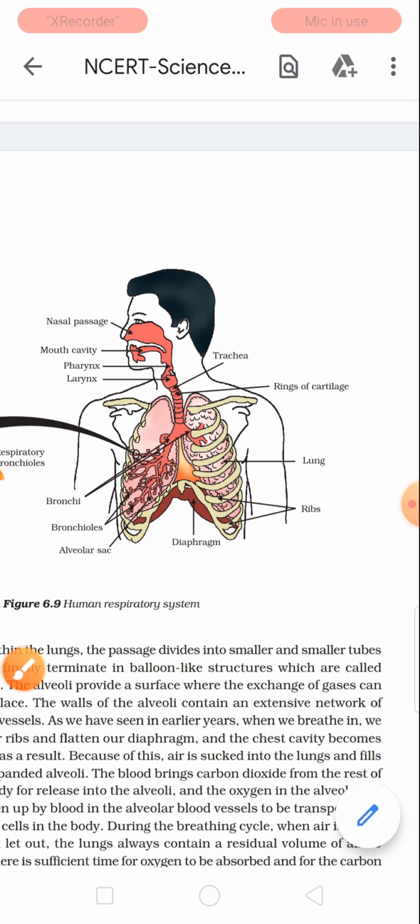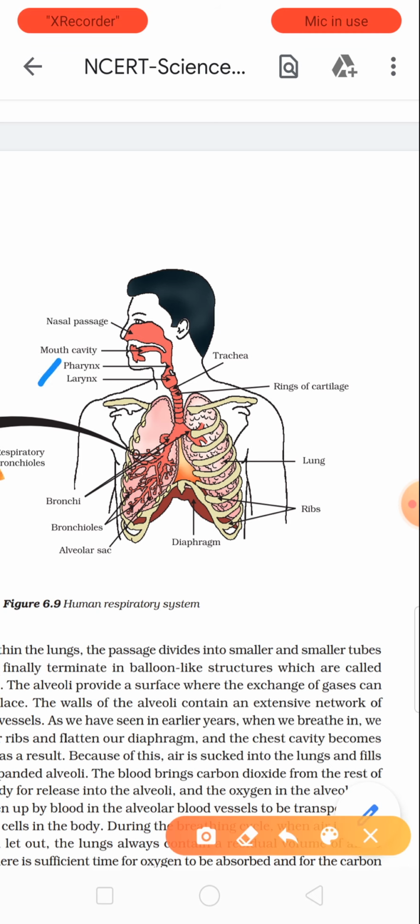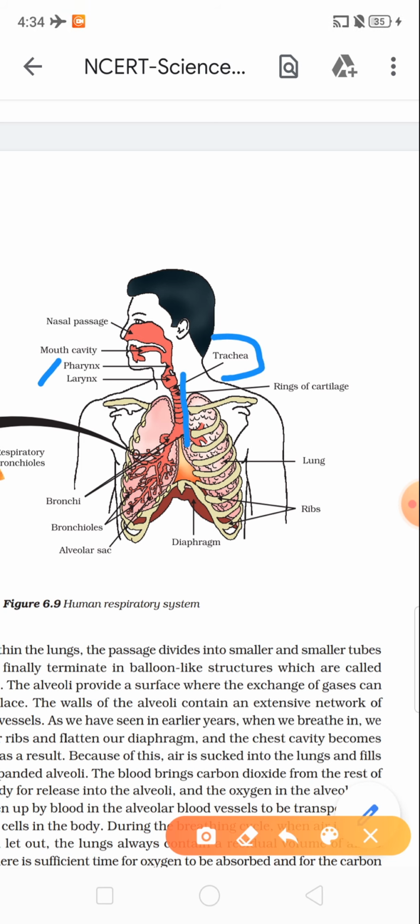Both these passages join at a common area and then reach the pharynx. The pharynx is moving down, you can clearly see it, and that is called the trachea. So from the nose the air moves into the nostrils, then the nasal passage, then the pharynx, then the trachea.